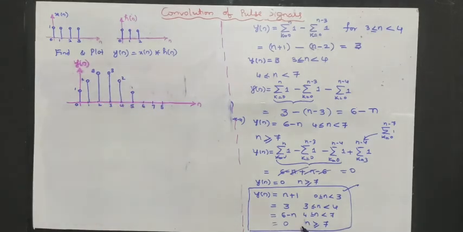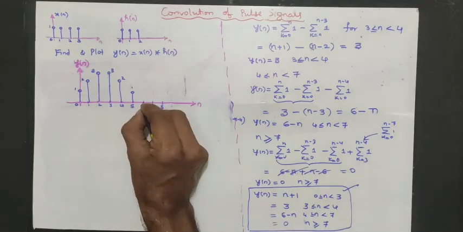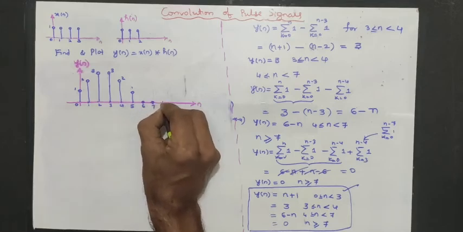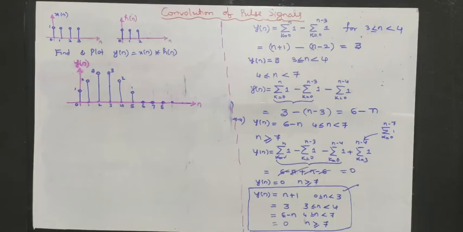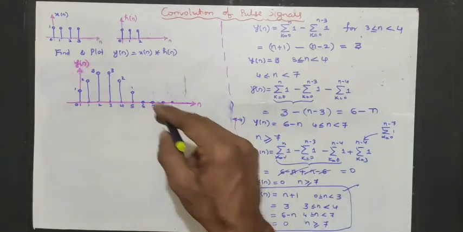At 6, it becomes 6 minus 6, it is 0. From 7 onwards, anyway it is 0. Now this is how you can identify the output and plot it.